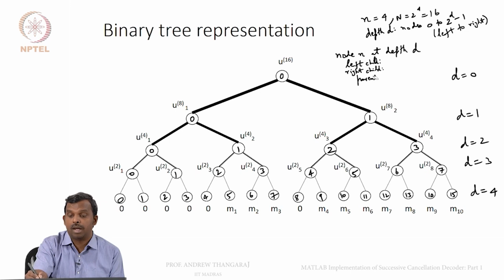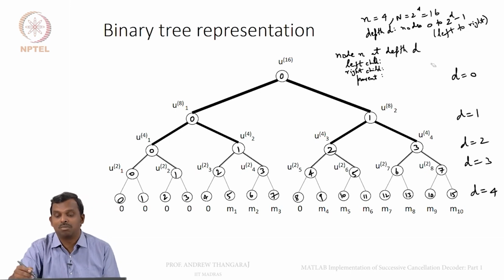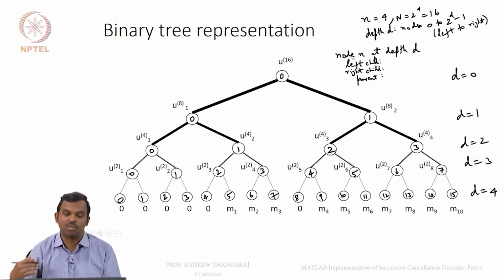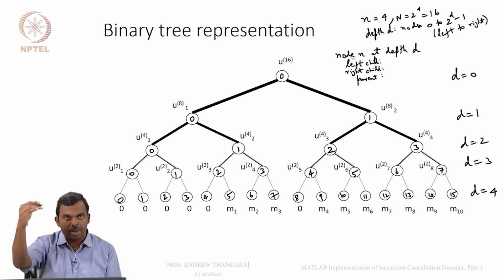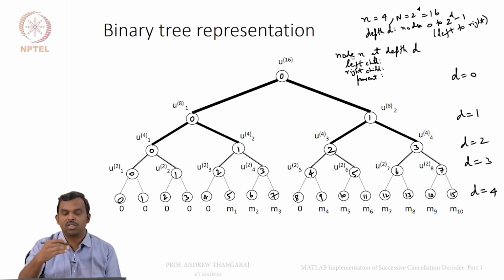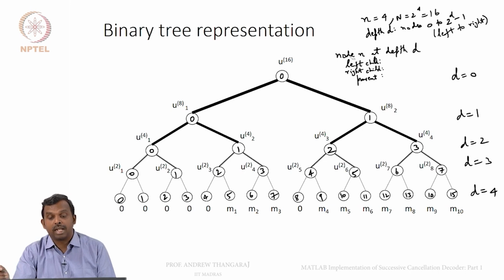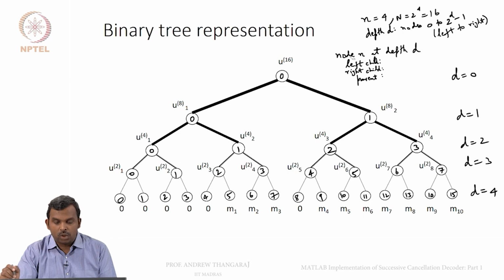To avoid trivial cases, we'll assume it's an interior node, so that you don't have the issue of leaf or root. Root has no parent, leaf has no children. So for node n at depth d, what are the left child, right child, and parent?